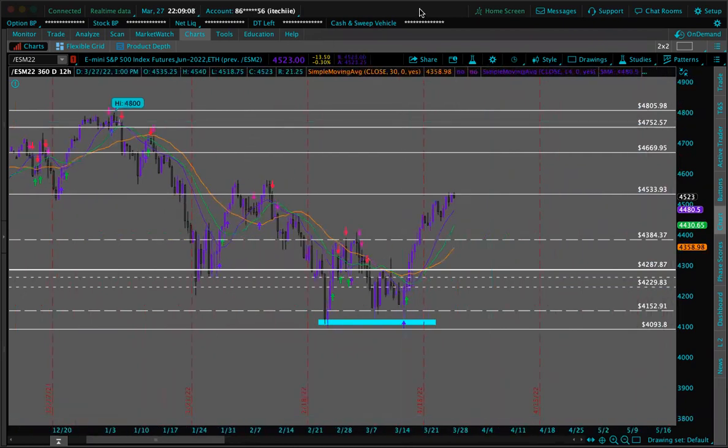Pay attention. I'm going to use a simple trend line. I'm just going to bring that trend line all the way down here. And this was a very important trend line. This trend line lined up with one of my important key levels, 42.87.